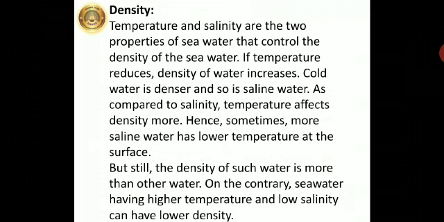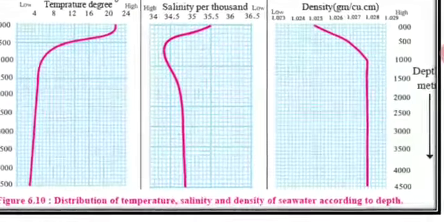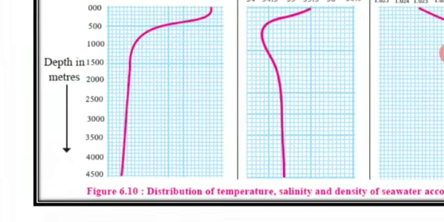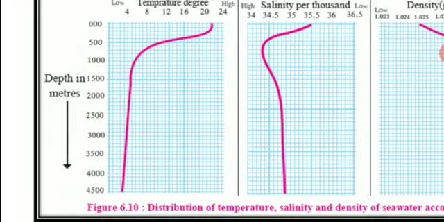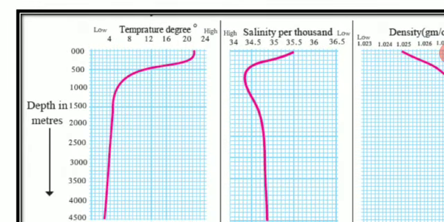Now we will study this with the help of a graph. Here in the first image, you will find the temperature and the depth. At the surface, the temperature is around 22 degrees Celsius.